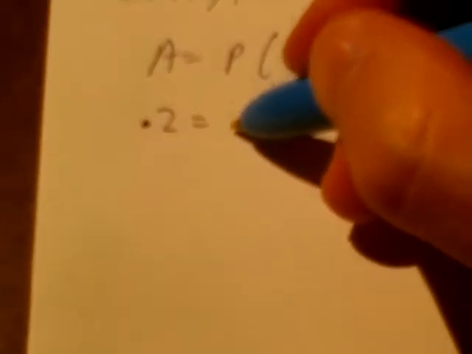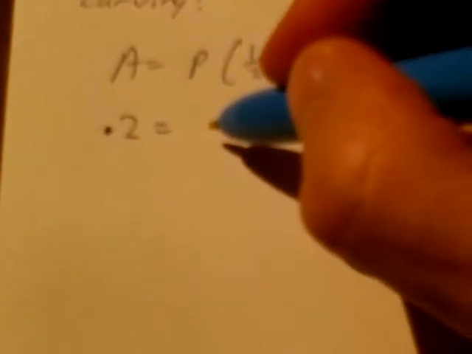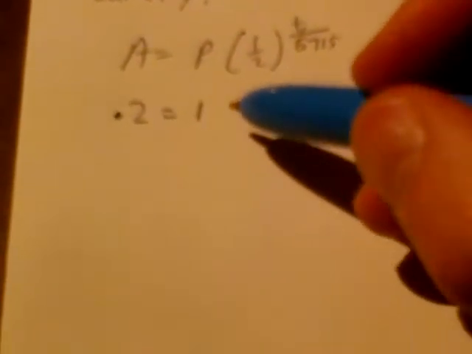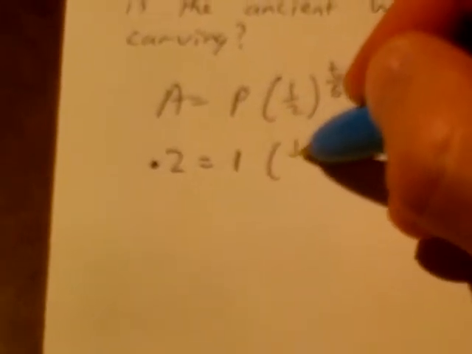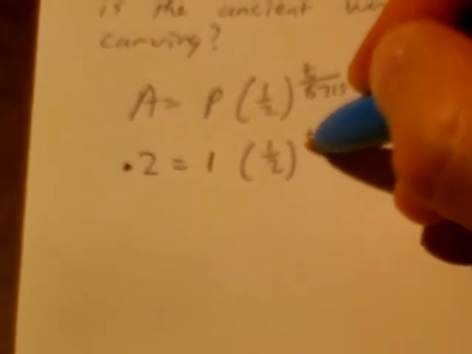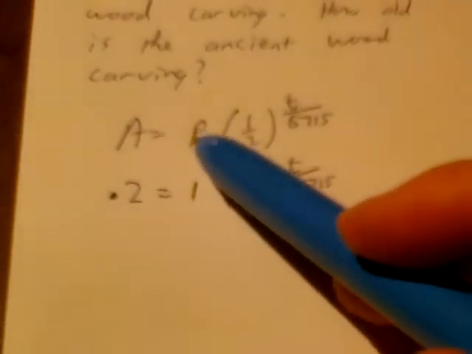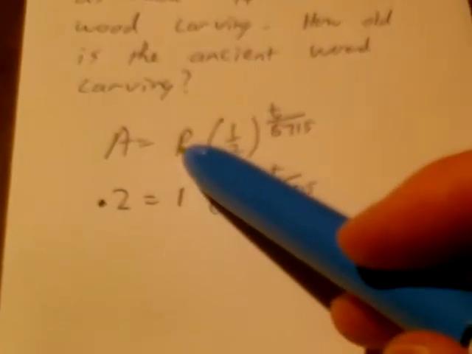So we'll have 1 gram of the stuff at the beginning, just to make our lives easy, and 0.2 at the end. And then we have 1/2 to the T over 5715. Again, we're just trying to fill in as much as we can with easy numbers.